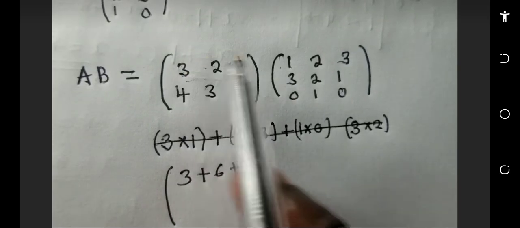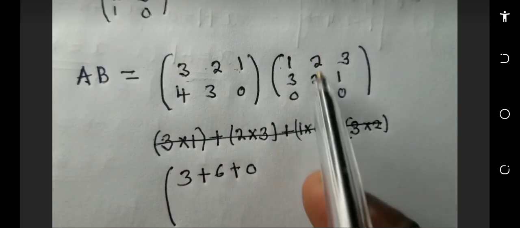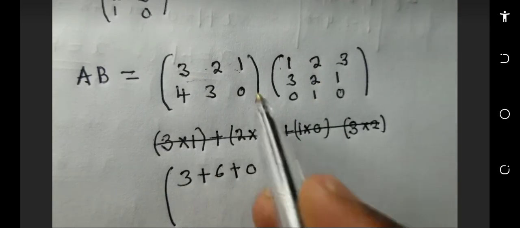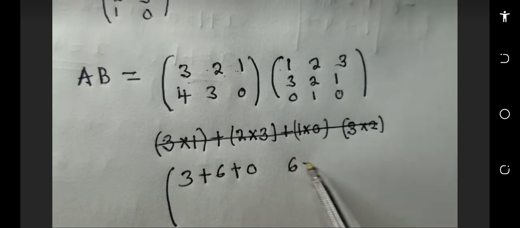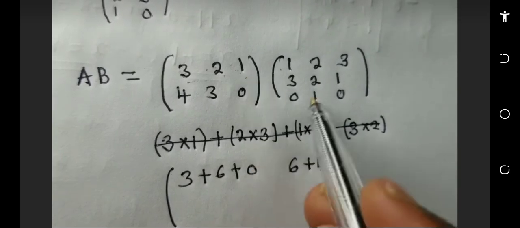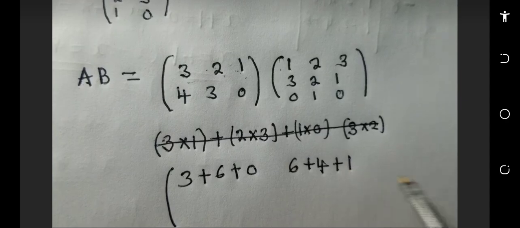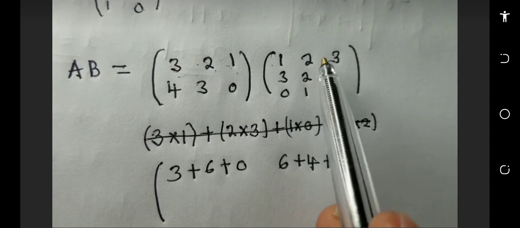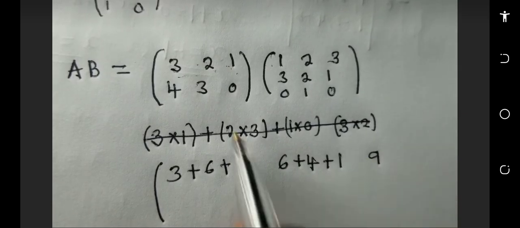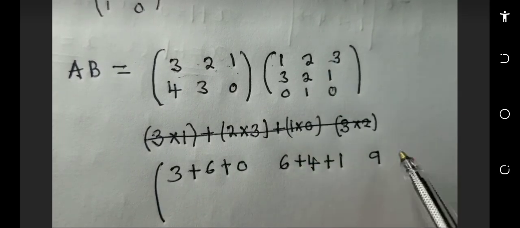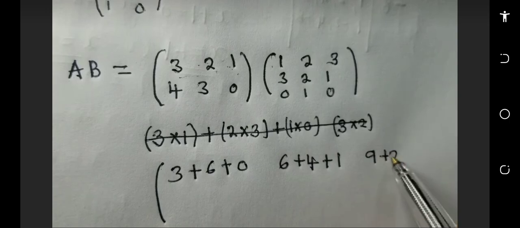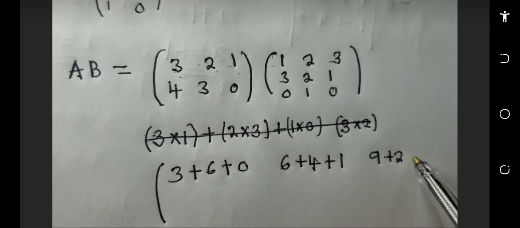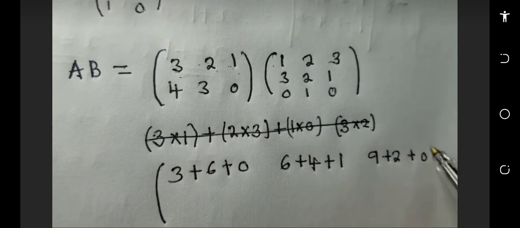Now the next one: 3 times 2, that's 6. 2 times 2, that's 4. 1 times 1, that's a 1. The same thing now on the next one: 3 times 3, that's 9. 2 times 1, that's 2. 1 times 0, that's a 0.